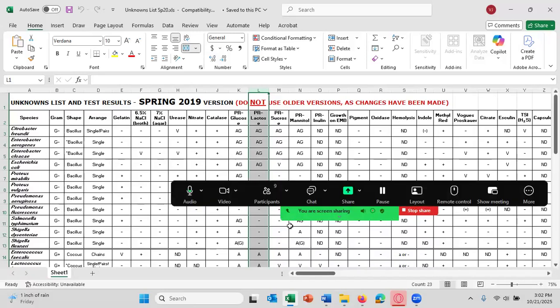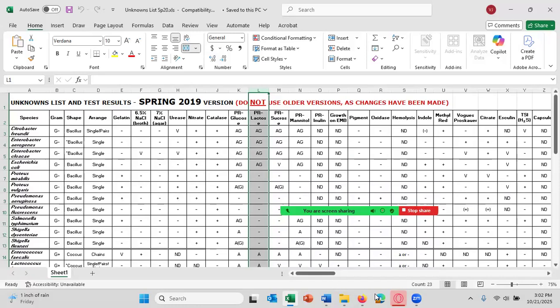You should take the number and put it in your unknown notes page, because when you request a test, if I don't have a number, I can't send you the results to the species. So you must put in your unknown number in your unknown notes page. And then you should put the results and the conclusions for the gram stain.